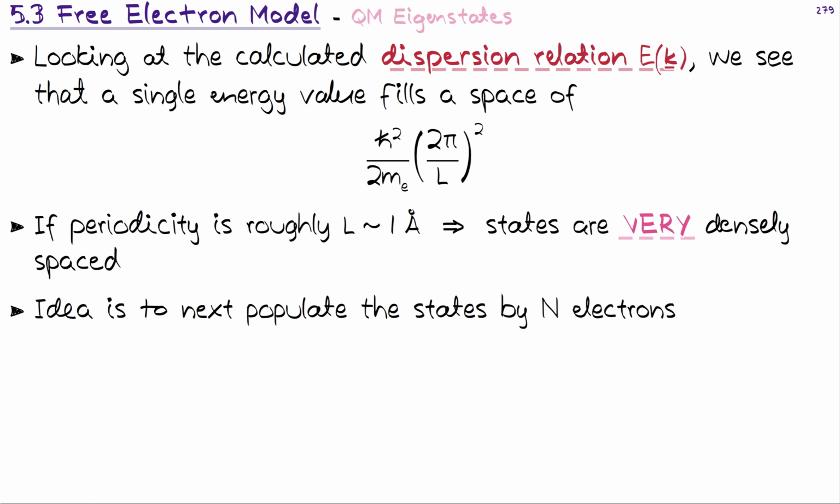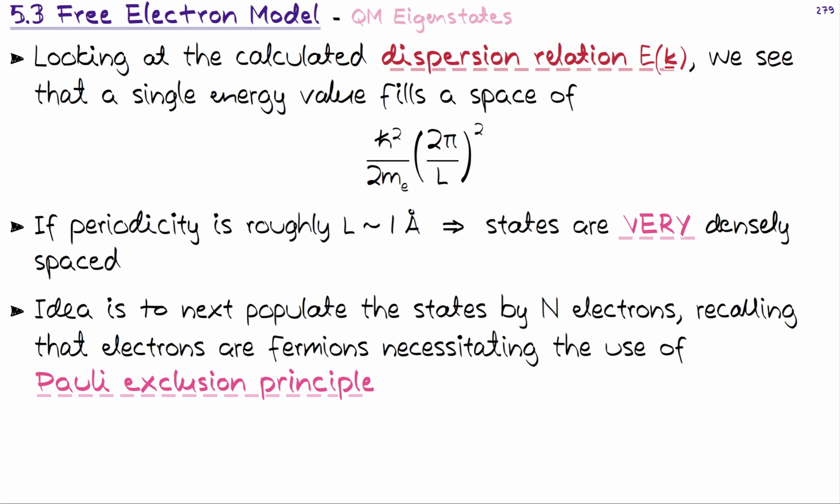And what we will do next, because we want to treat a solid that actually consists of many atoms and subsequently many electrons, is that we must populate many states with these electrons. We can do that by recalling that electrons are spin half fermions, and then we make use of the Pauli exclusion principle. And we have 2 spin states, so in essence we must go to energy states that are higher in energy than the ground state.